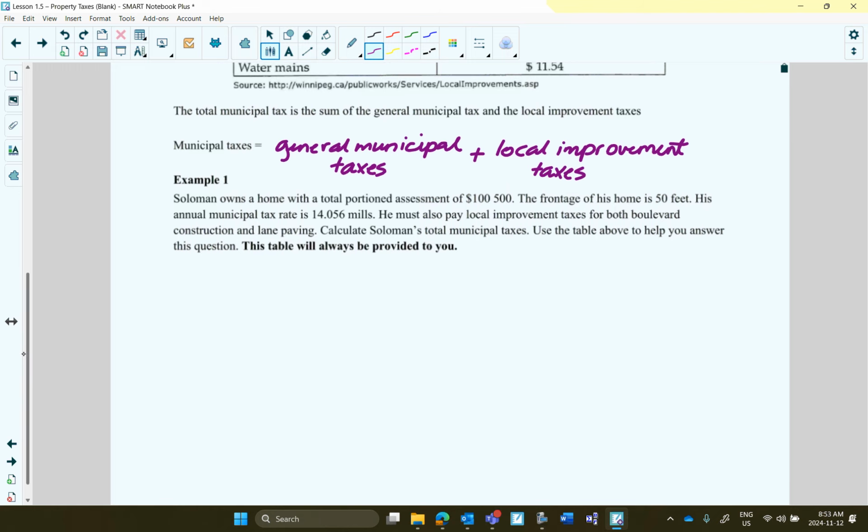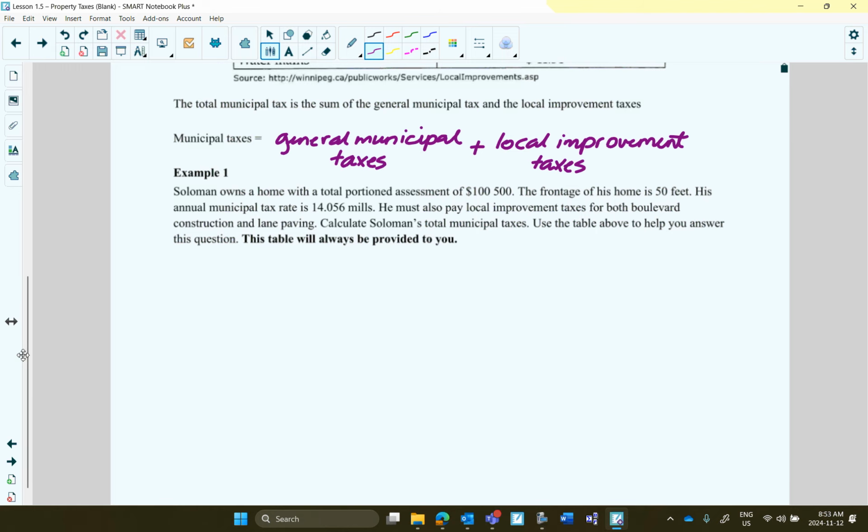So we need to find his general municipal taxes and his local improvement. His general municipal goes on the formula on the first page.